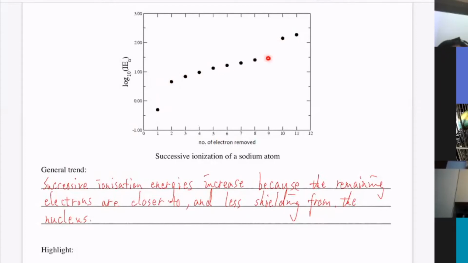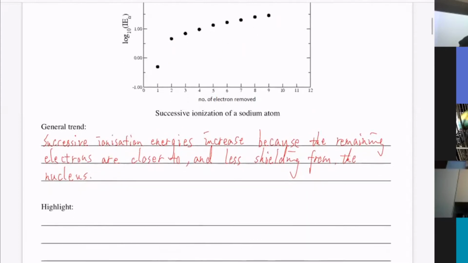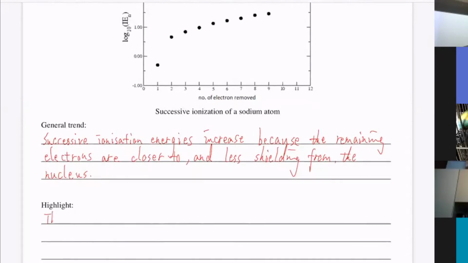And here it just gradually increases. So you can see that the energy on this diagram, those dots, can be put into 3 groups. In the highlighted part, you can write that the electrons fall into 3 groups.